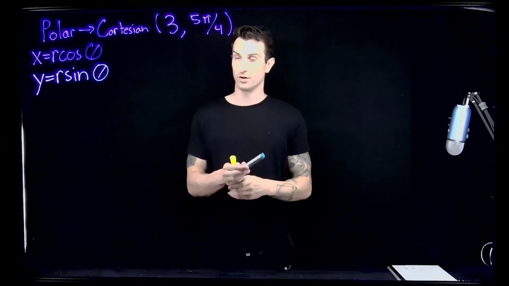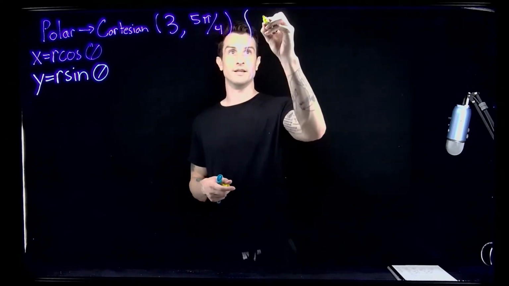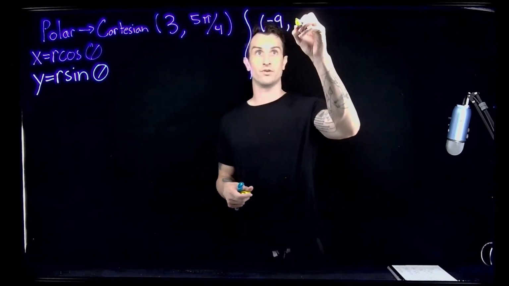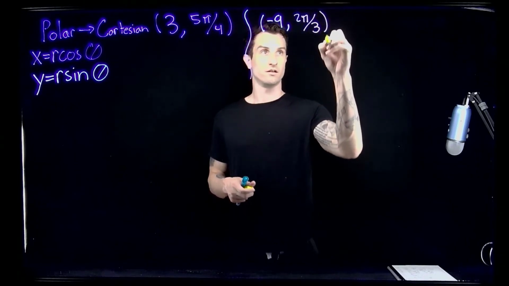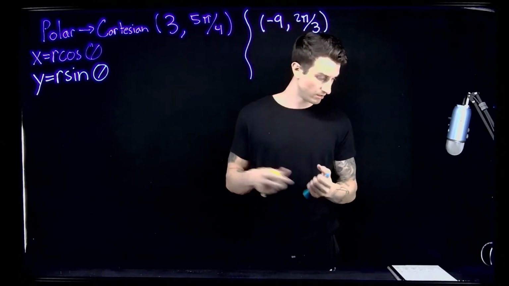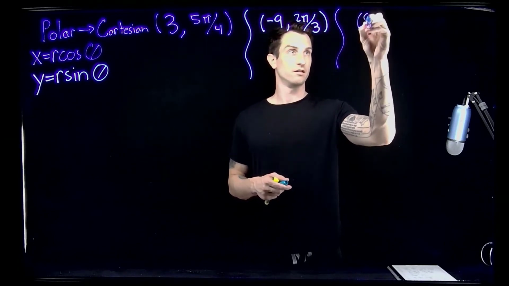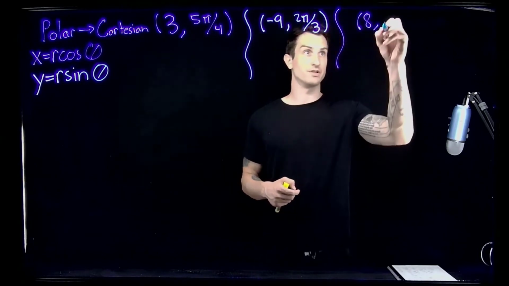We'll do negative 9, so to mix it up a little bit, negative 9 and 2 pi over 3. And lastly, we'll do 8 and negative pi over 6.